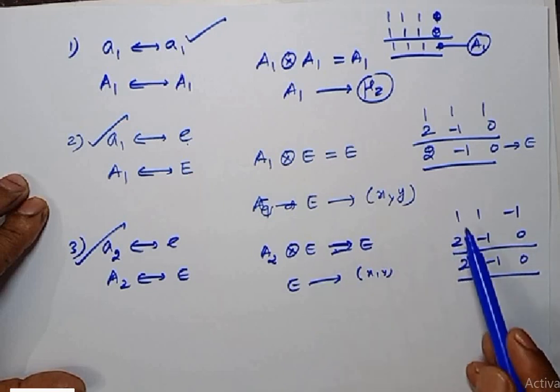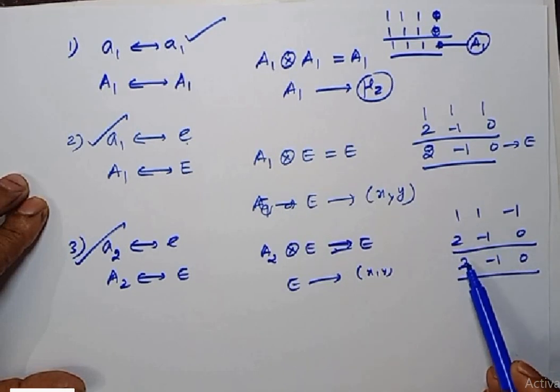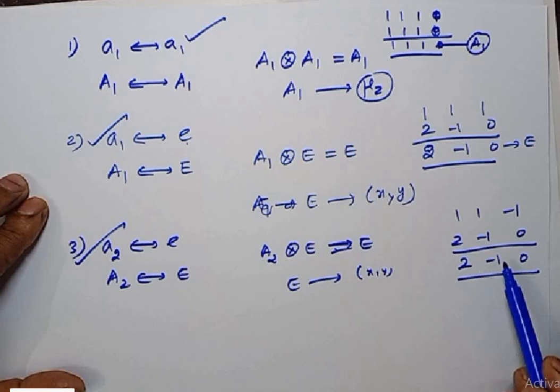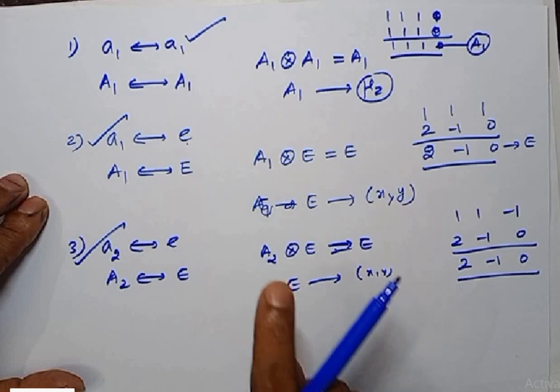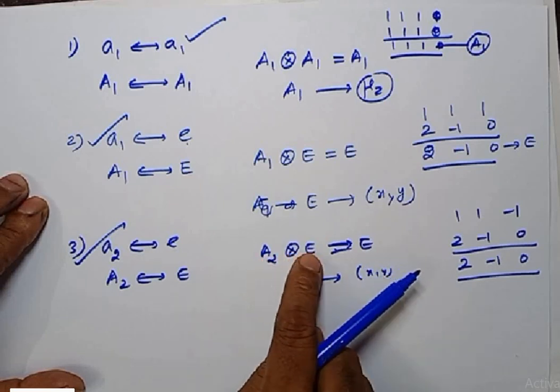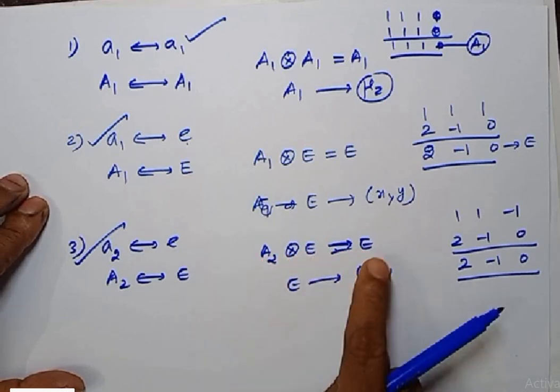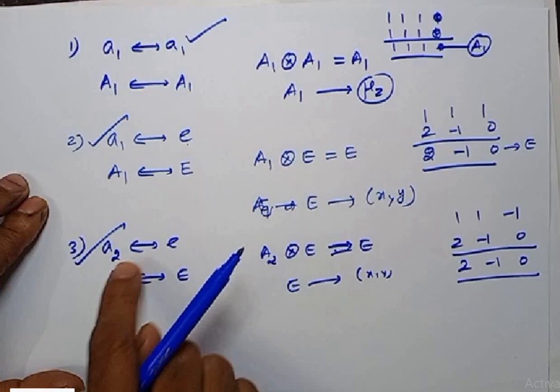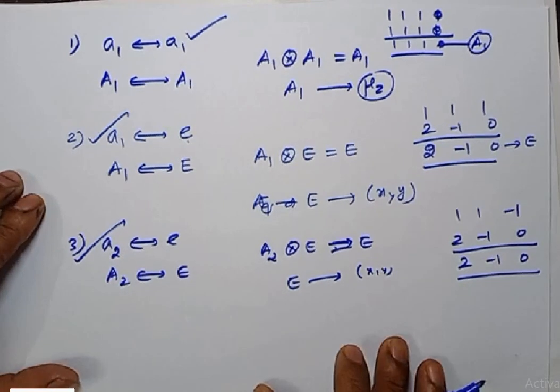Now, direct product means you have to multiply the characters. So, 1 into 2, 2. 1 into minus 1, minus 1. Minus 1 into 0 is 0. 2, minus 1, 0. These characters correspond to E again. So, A2 into E is equal to E. Along E, in area 3, we have X as well as Y. It means this transition is also an allowed transition.